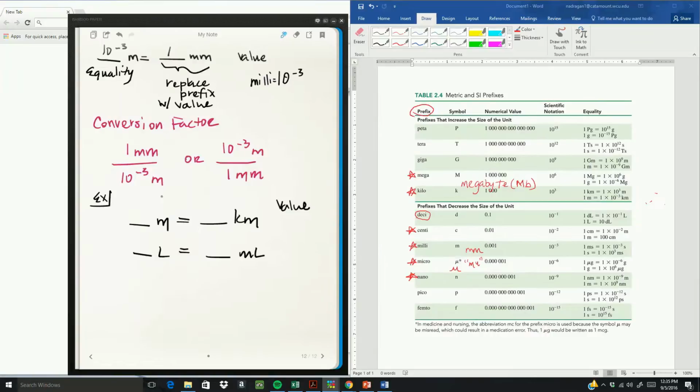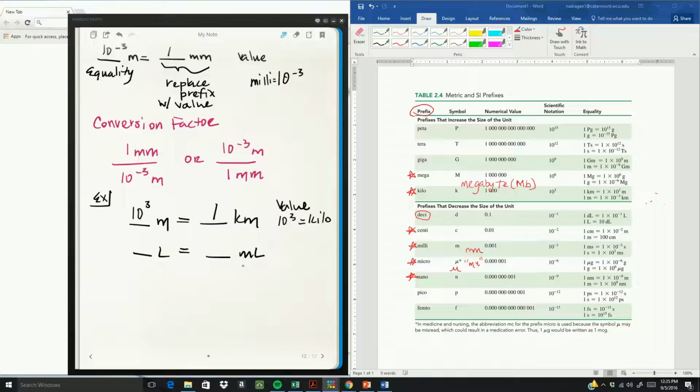Okay, so now if we look at the value for kilo, it is 10 to the third, so that's right there. Okay, so we put a 1 where our prefix is and write the value in the other blank. So 10 to the third meters equals 1 kilometer.